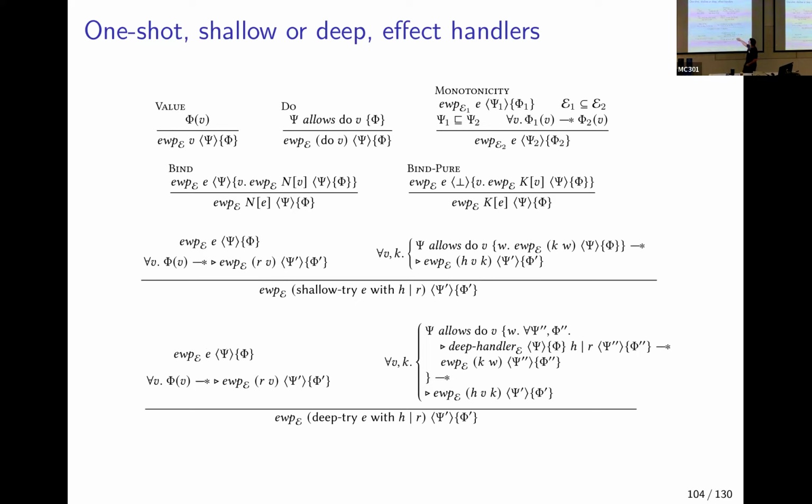And for the handle part, it's a bit harder to read, but basically, if you could perform some effects inside the protocol psi, then as long as you can prove the continuation holds for the post condition that you have for E, that's your hypothesis. Then you have to prove that H of V, the return value, and K, the continuation, holds with the post condition that you had here.